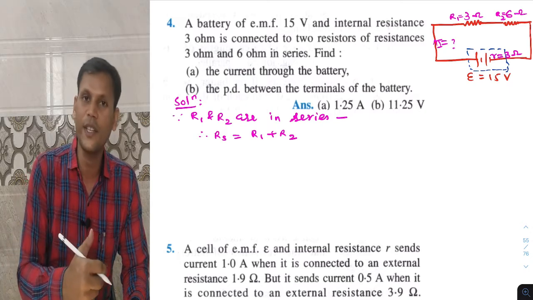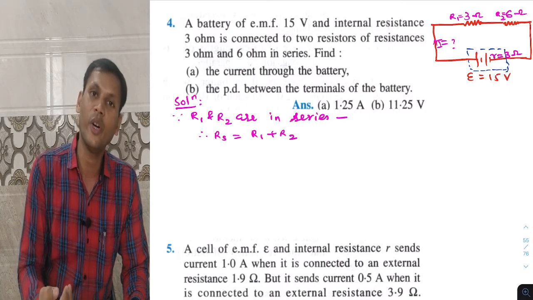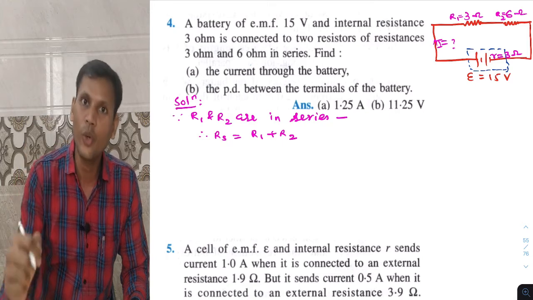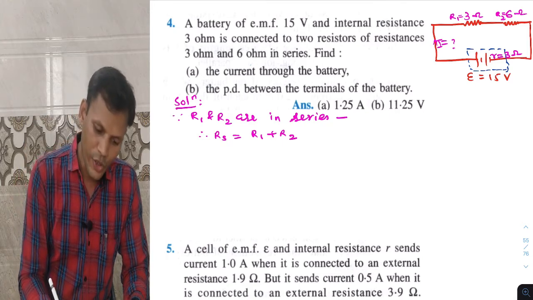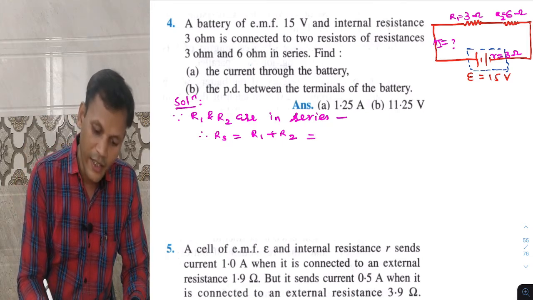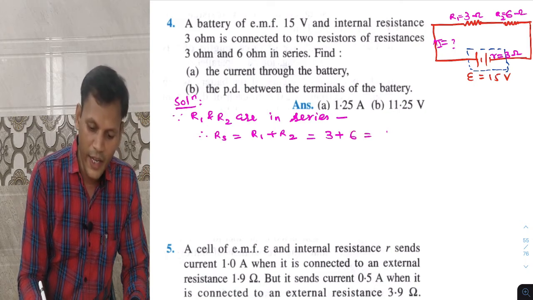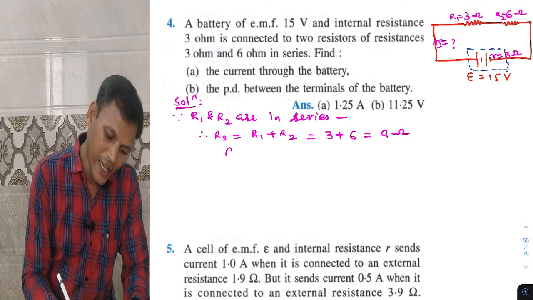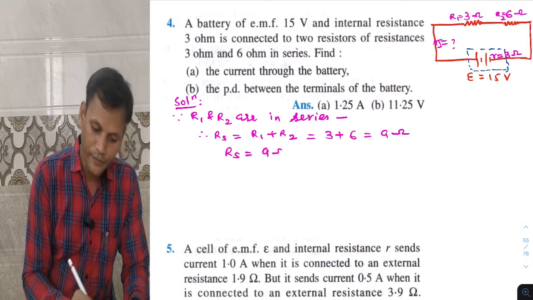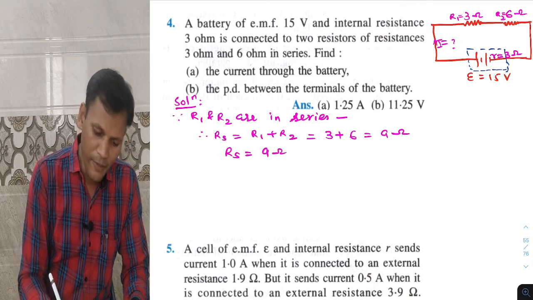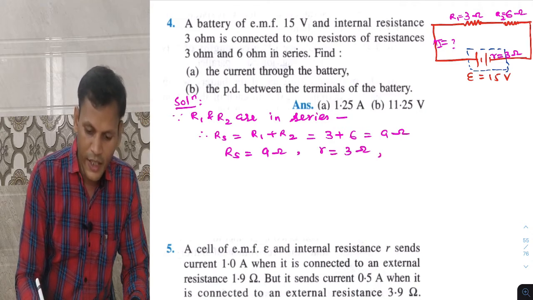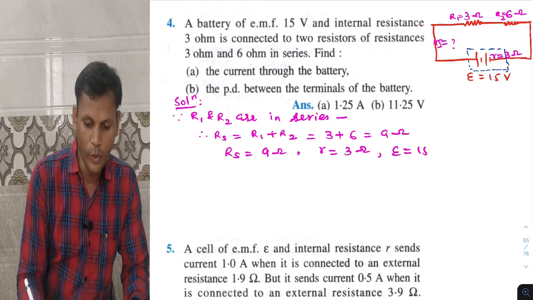Here there are only two resistances, so R1 plus R2. These two values are 3 plus 6, that will be 9 ohm. So we get RS is equal to 9 ohm. Everything else we have mentioned: small r is 3 ohm and EMF is 15 volt.